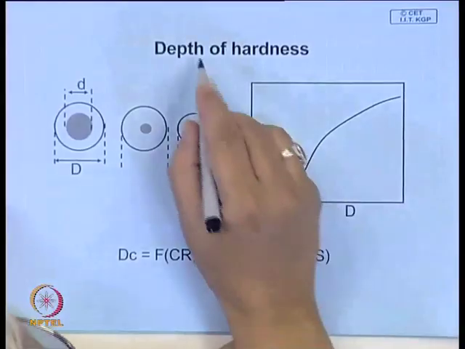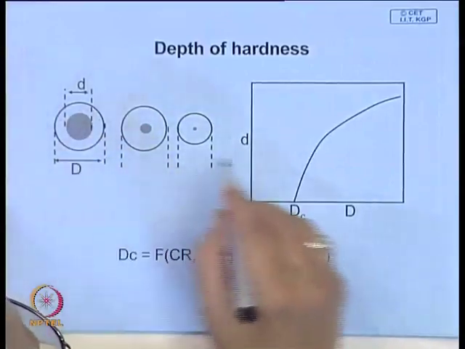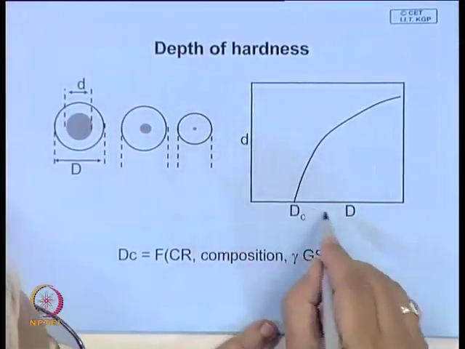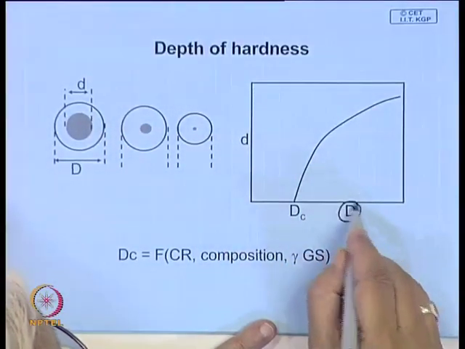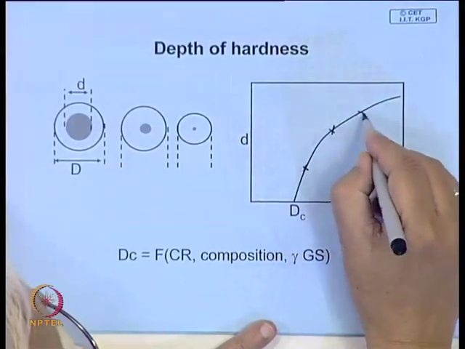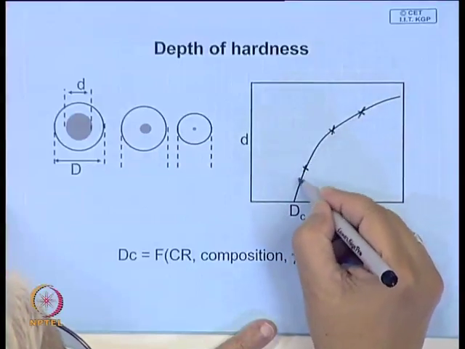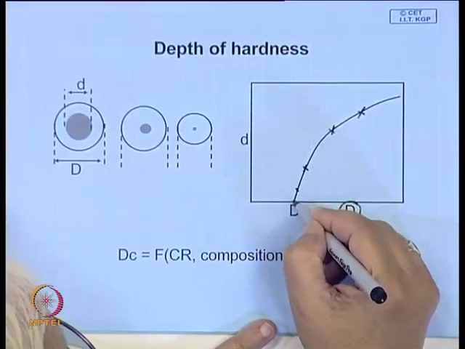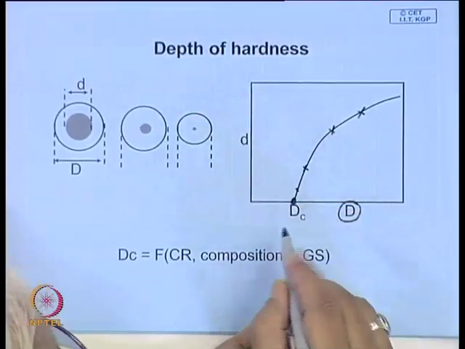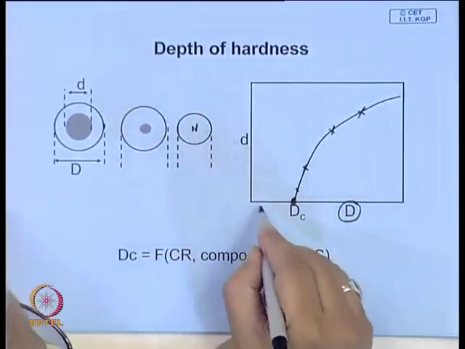If you plot this diameter against the diameter of the job, you get different points here, you have a large number, and then try to extend it to a region. Finally you find this is the dimension where this d is 0.